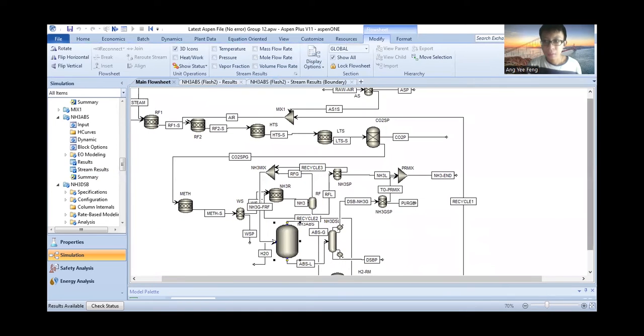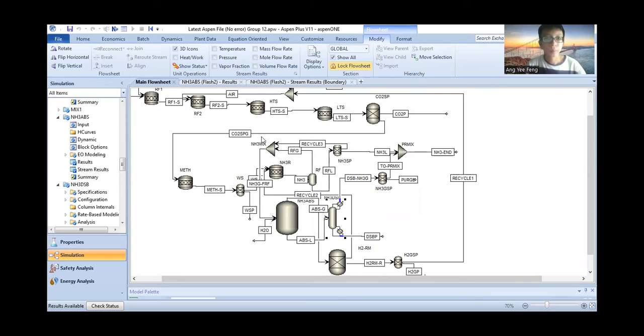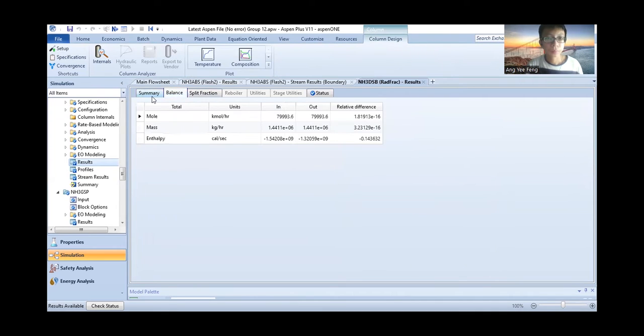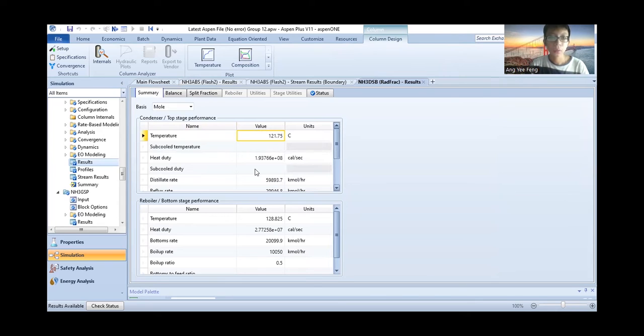Then the liquid stream will enter the dissolver. This dissolver is a bit special.